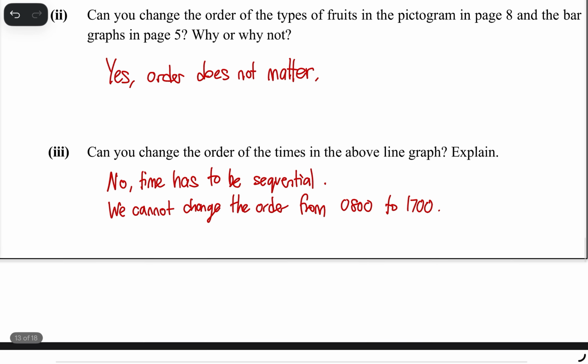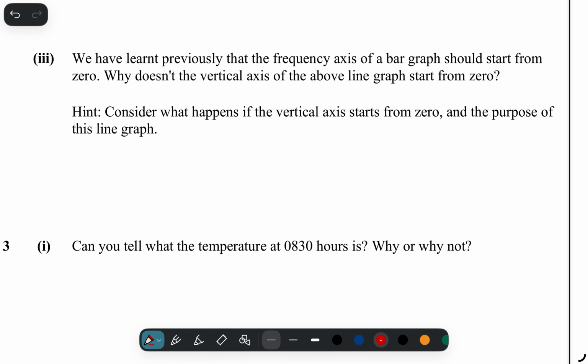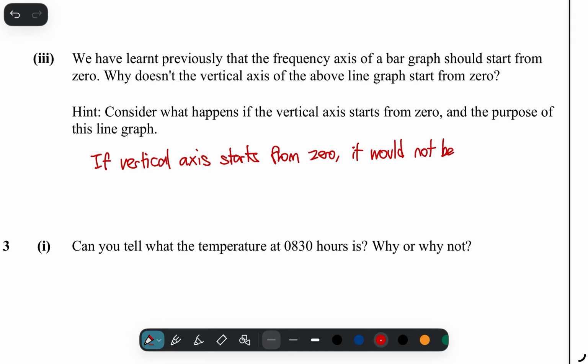So to answer this question, if the vertical axis starts from 0, it would not be possible to identify a trend.